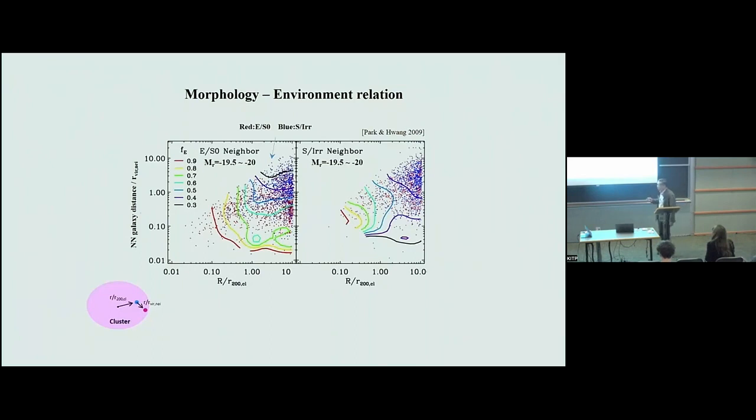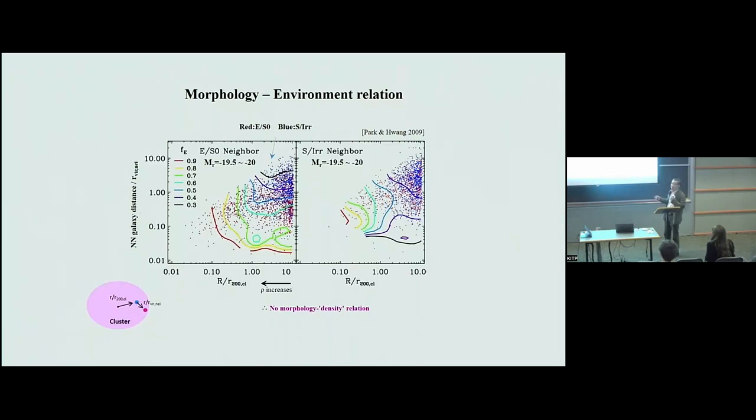Another conclusion one can make is this. From 10 times the virial radius to 1 times the virial radius, there is a lot of local density increase, but you see it's really independent of density, which means there is no morphology-density relation.